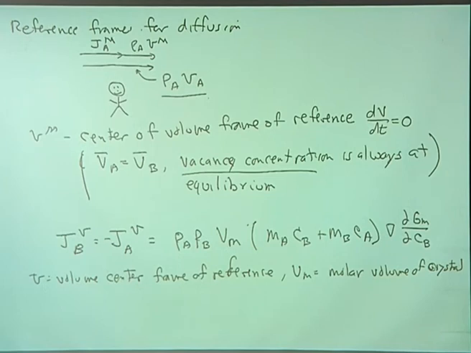From the standpoint of phase field models, one of the important things to keep in mind is that all of these terms here are always greater than 0. The mobilities and the concentrations are greater than 0 by definition. Let me talk a little bit about this term here.